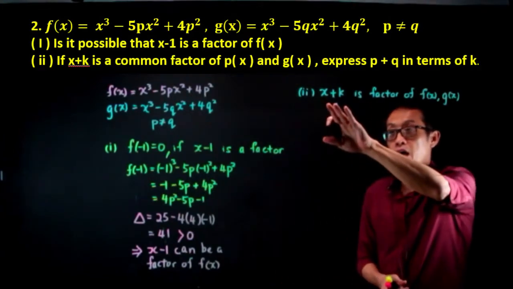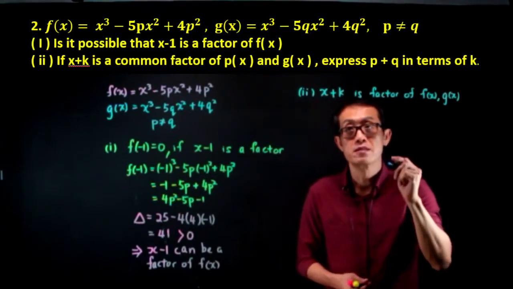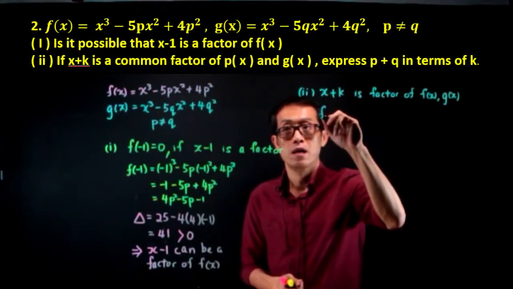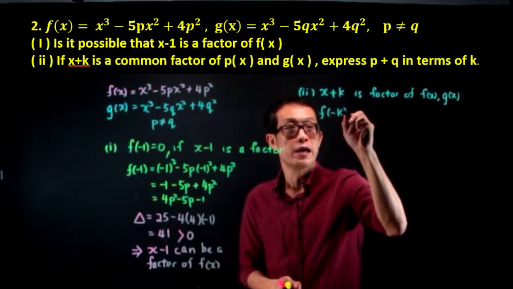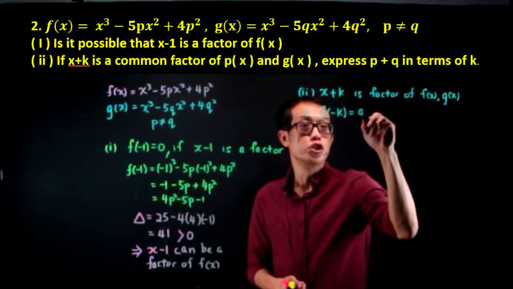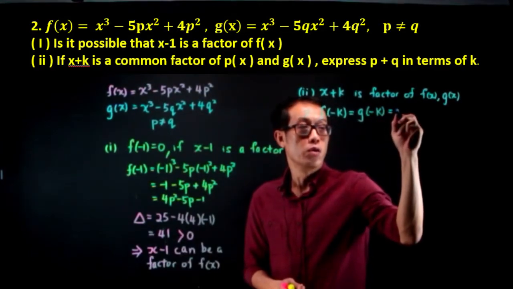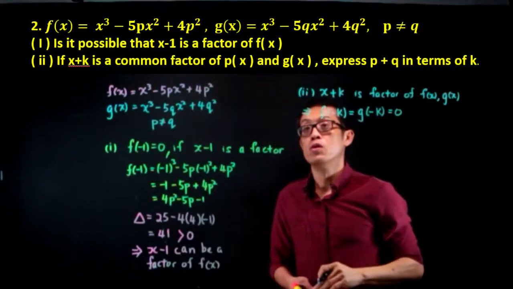Now if x plus k is a factor of f of x and g of x, that means f of minus k will be equal to g of minus k, and they are all equal to 0.